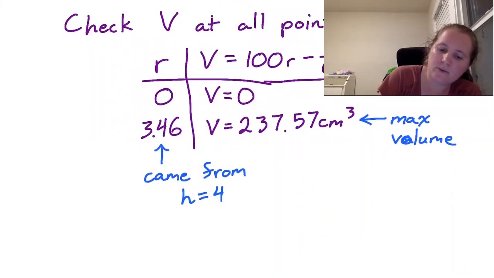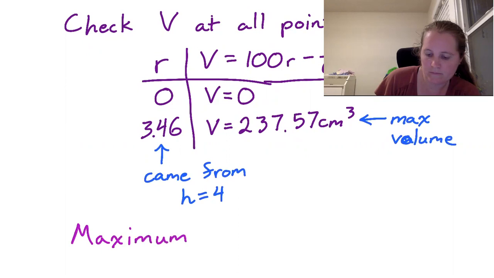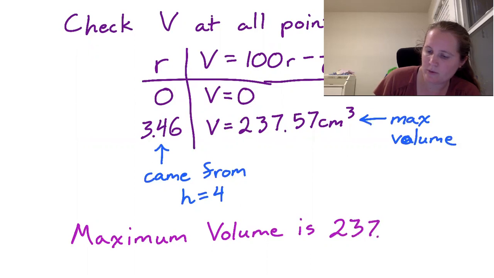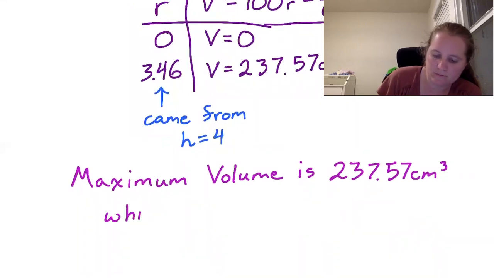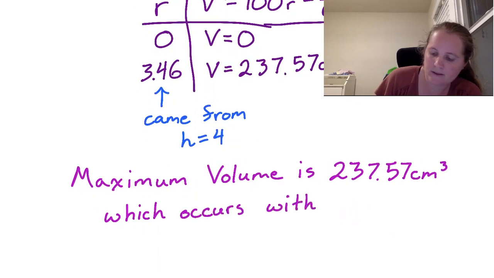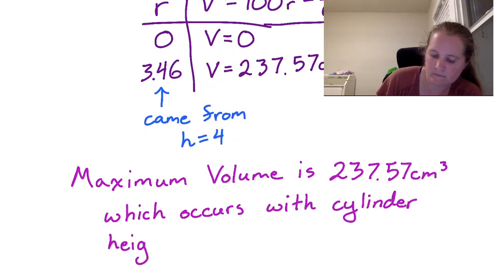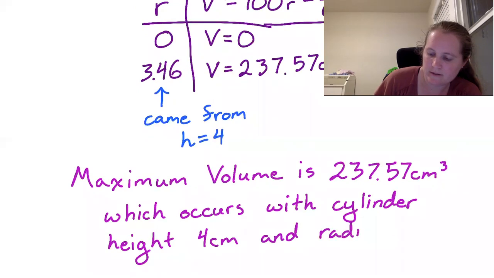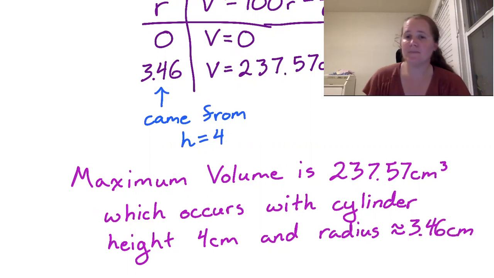So what we wind up getting is the maximum volume is 237.57 cubic centimeters, which occurs with cylinder height 4 centimeters and radius approximately 3.46 centimeters.